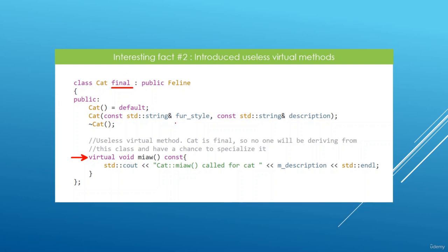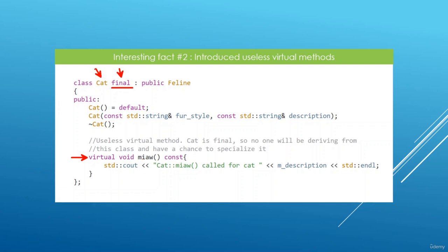But how do we get a downstream class if we can't inherit from the cat class which is marked final? So we have conflicting ideas here. On one hand, we are saying we can never inherit from this cat class. But on the other hand, we are setting up a method that is meant to be used or specialized in derived classes. So this is something that is interesting.